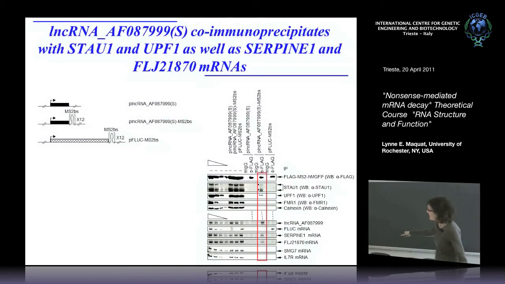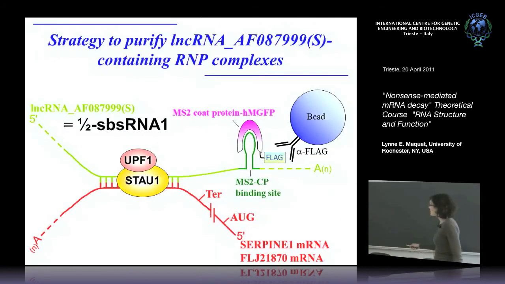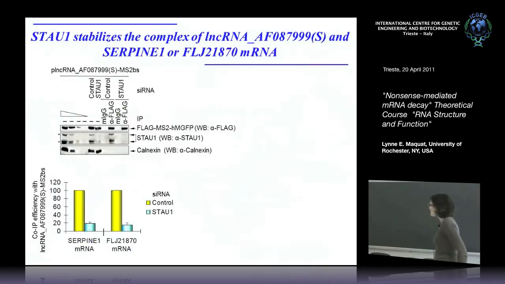It just doesn't have an ALU element with complementarity to that particular long non-coding RNA's ALU element. So we call this long non-coding RNA a half SBS RNA. We call it half SBS RNA1. And this shows, by doing that same purification, that when Stauffen is downregulated, there's much less of the SMD target brought down, so that Stauffen stabilizes the duplex.